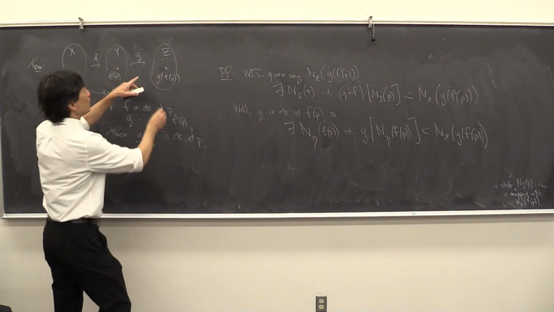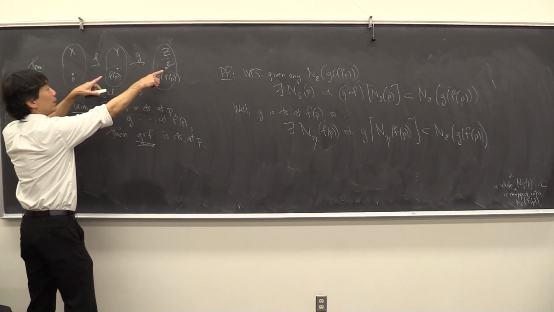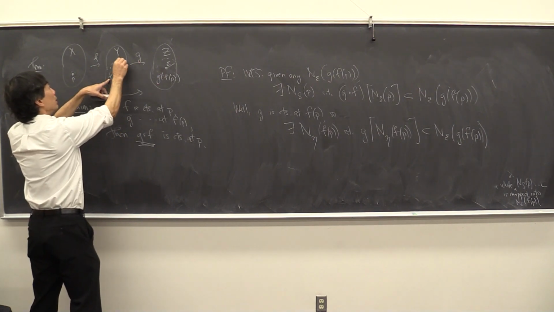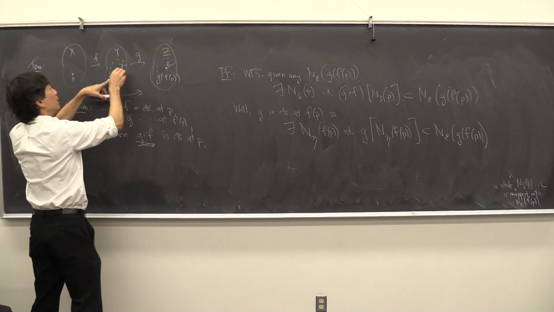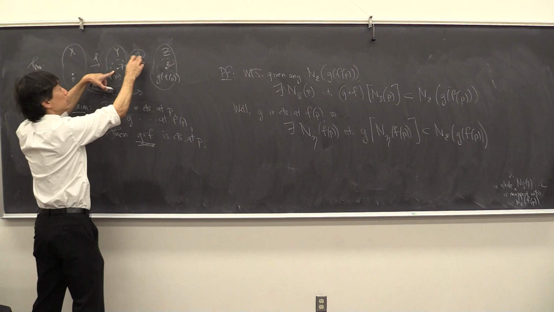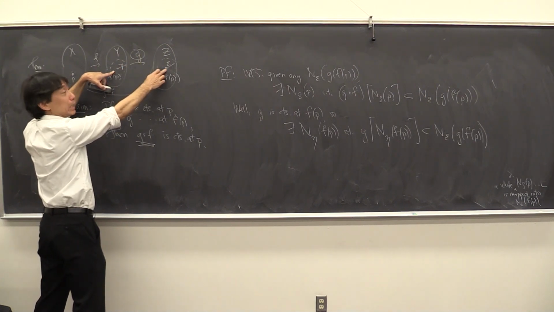Somebody gives you an epsilon neighborhood here. Since g is continuous here, there's some eta neighborhood that gets mapped inside there by g. That's continuity.